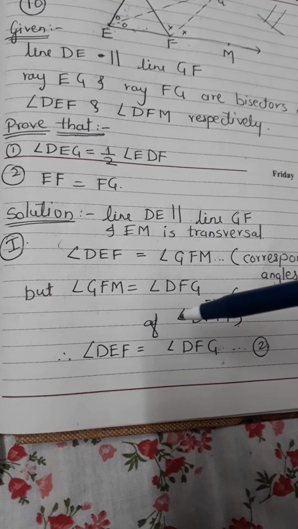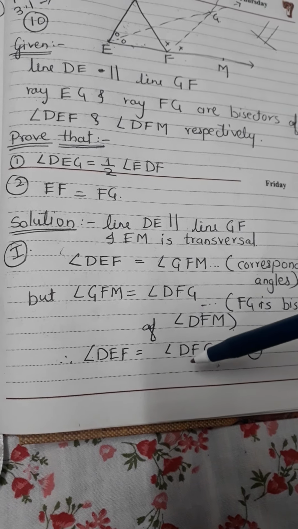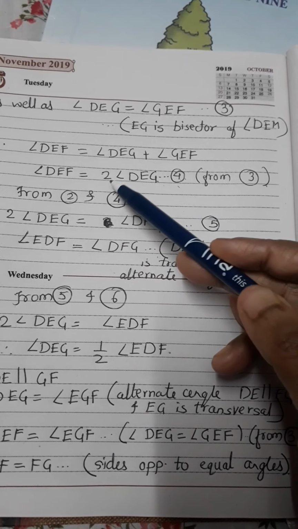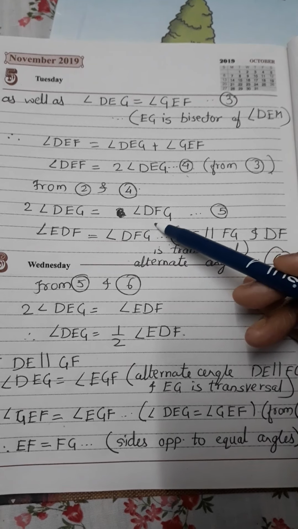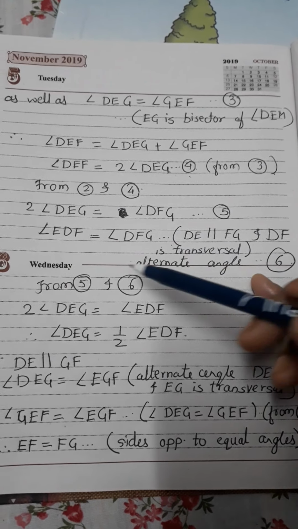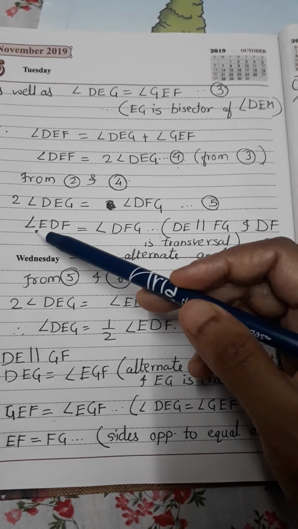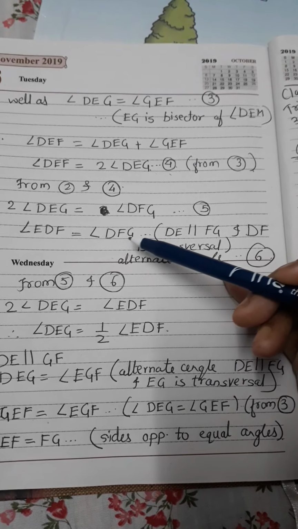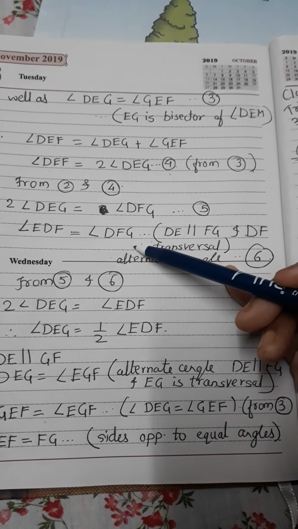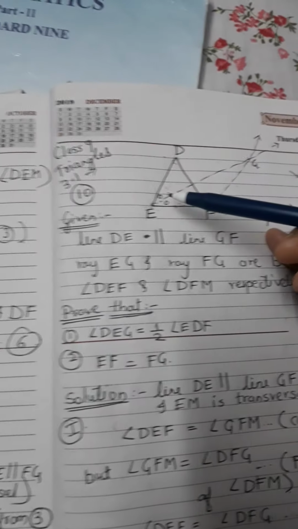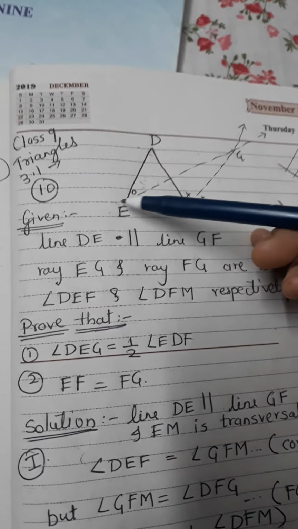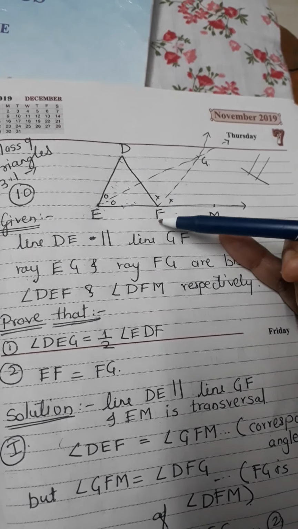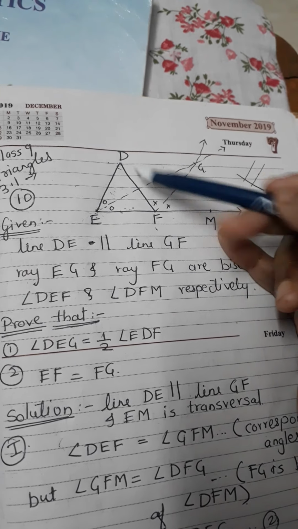As the LHS is the same, I will write the RHS, that is DFG, and that is twice angle DEG will be equal to angle DFG. Now the next part, that angle EDF is equal to DFG. Now where is the angle DEF? Angle EDF is equal to angle DFG.